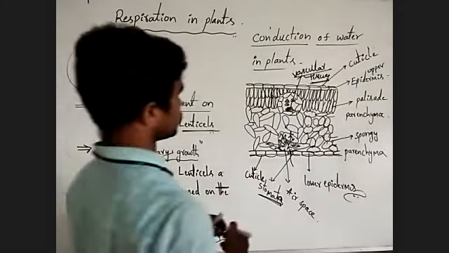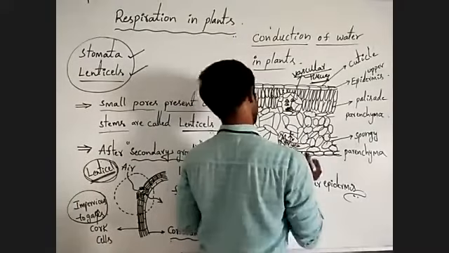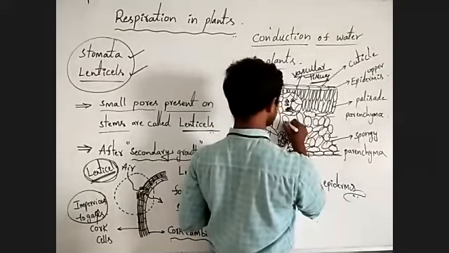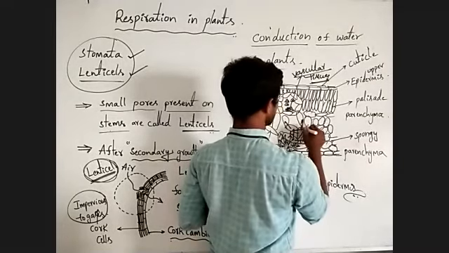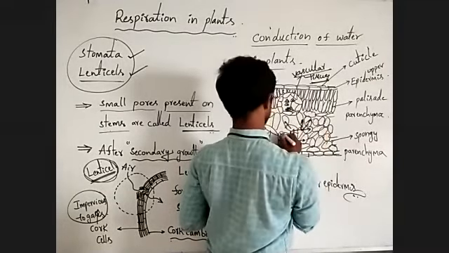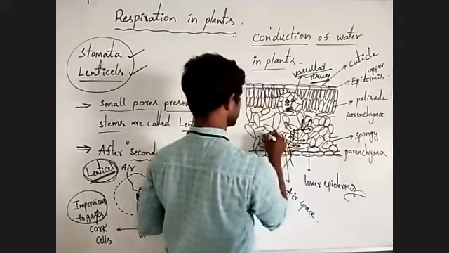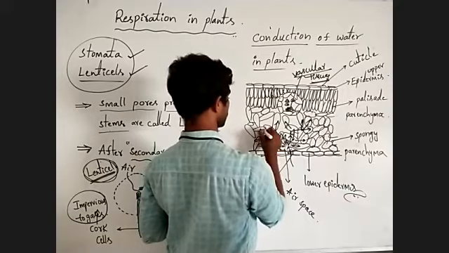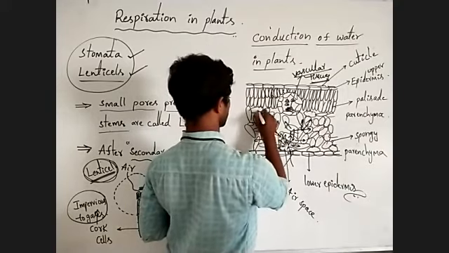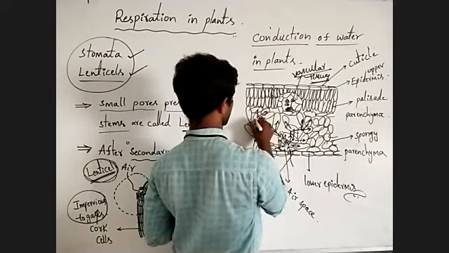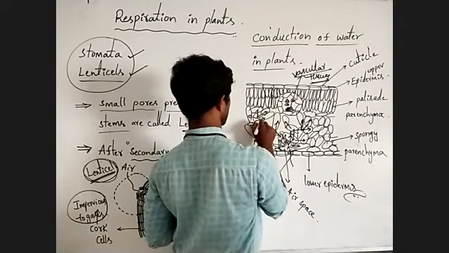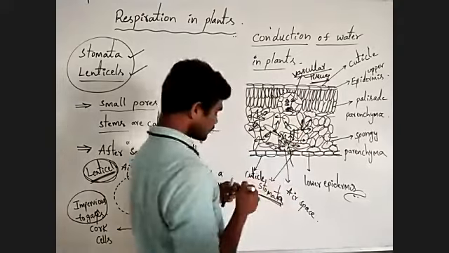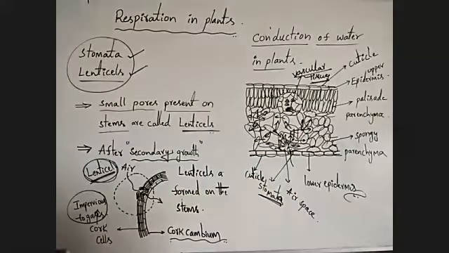Oxygen is distributed to the surrounding cells, from one cell to another cell, and all cells get it. Like this, one cell to another cell.